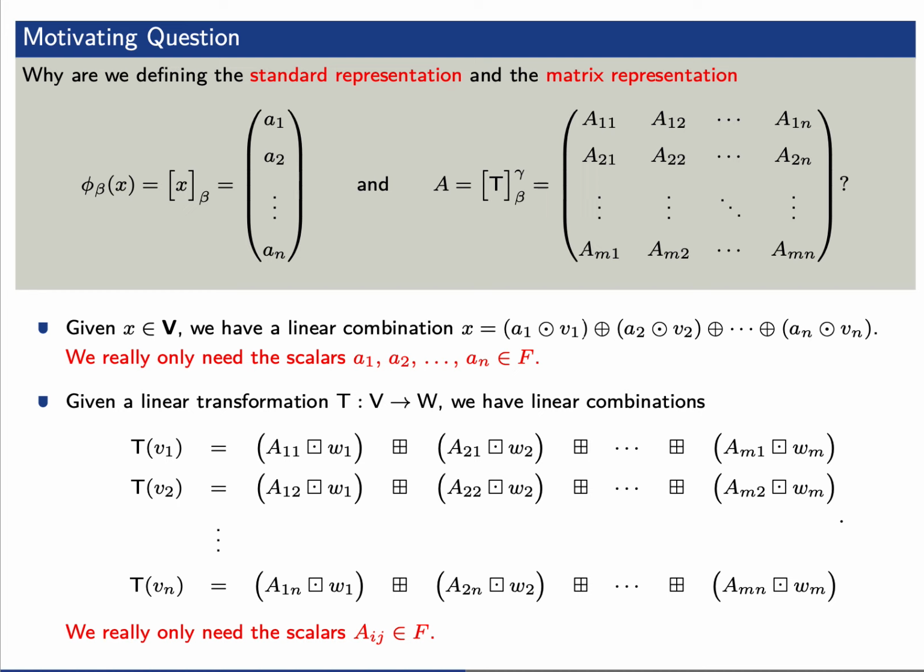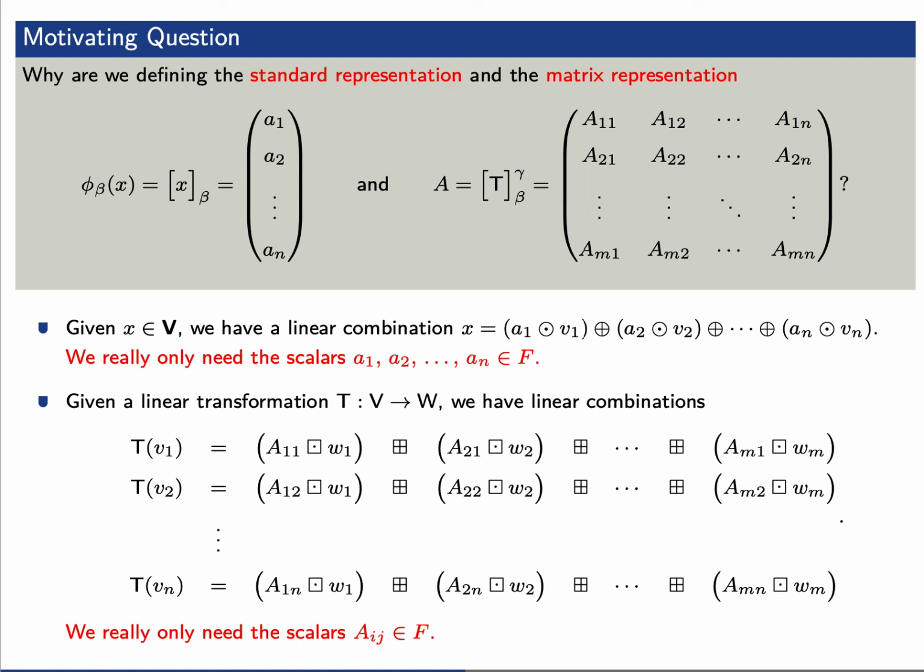More generally, say that we have a linear transformation T. Again, we can express the image of each of the basis elements v sub i from beta as a linear combination of the basis elements w sub j from gamma. But we really only need to keep track of these scalars a sub ij.